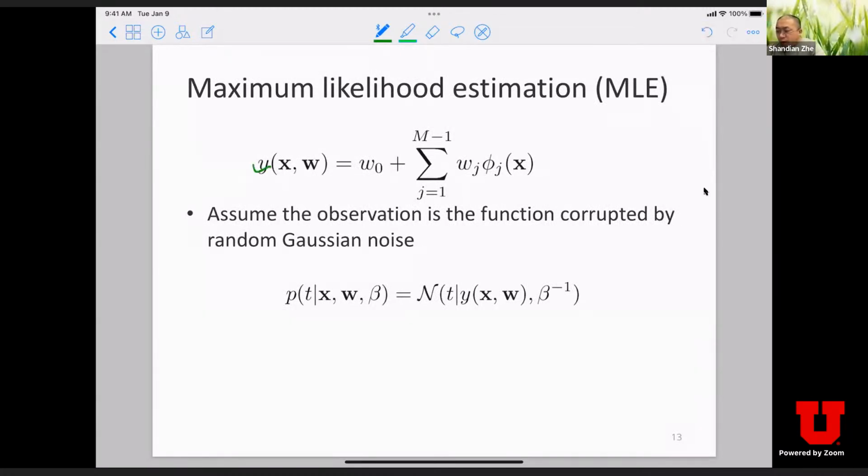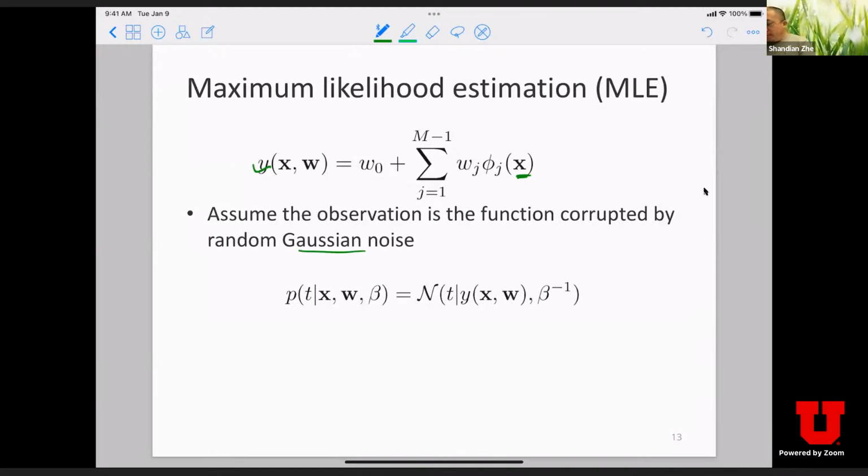So now, given this model structure, we want to build up some model with probabilistic meanings. So suppose this is my model, and suppose I have observed the input feature vectors x and outputs y. To give some probabilistic meaning, it is natural to assume the observation is corrupted by some random Gaussian noise, so that we can employ a Gaussian likelihood.